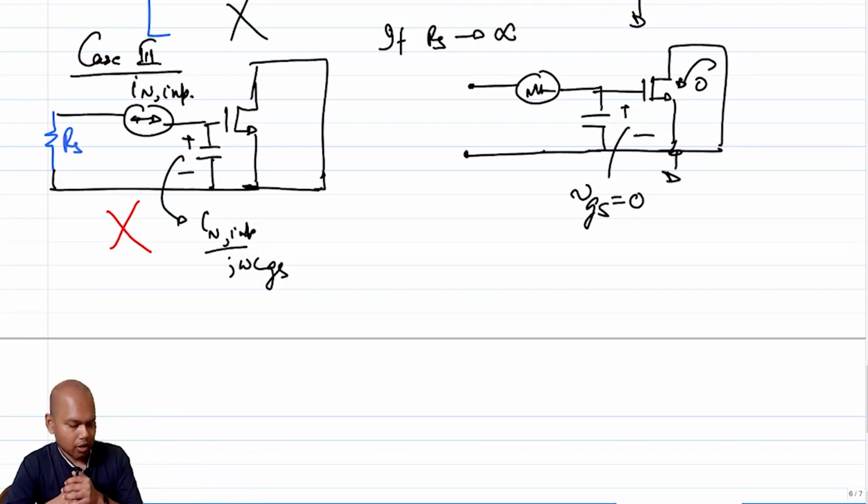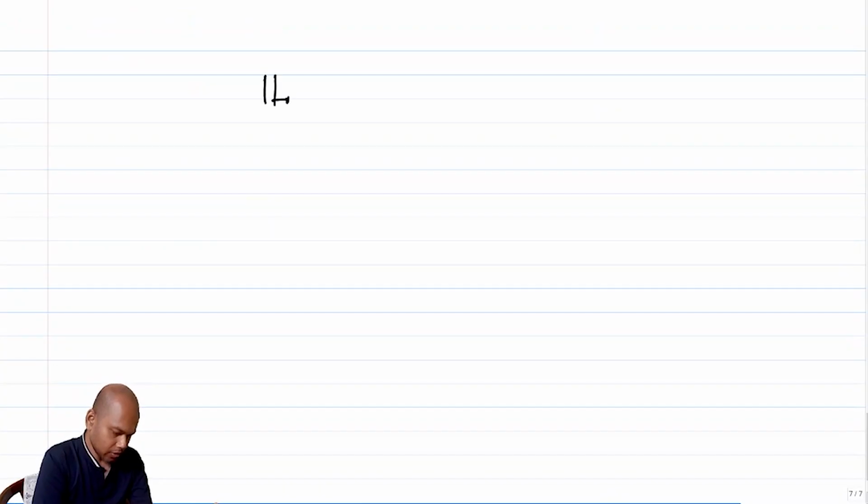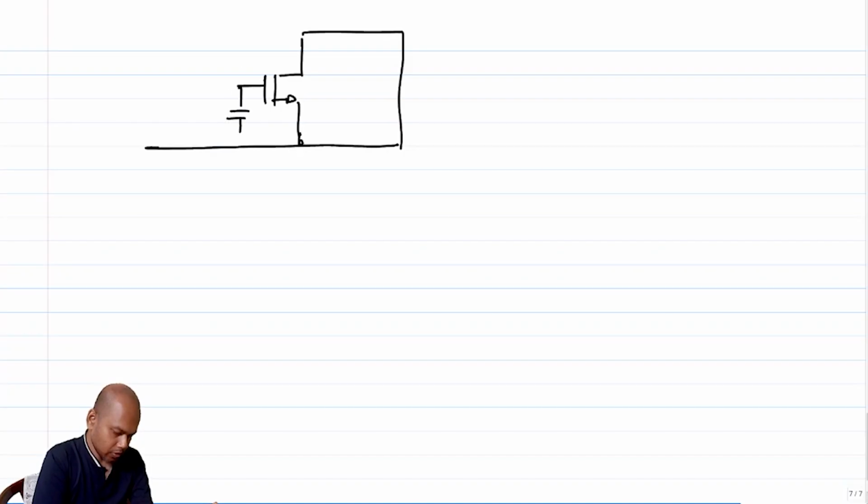What about the case in which I have a current source in parallel? This is again IN input referred. Then you have a resistance here.